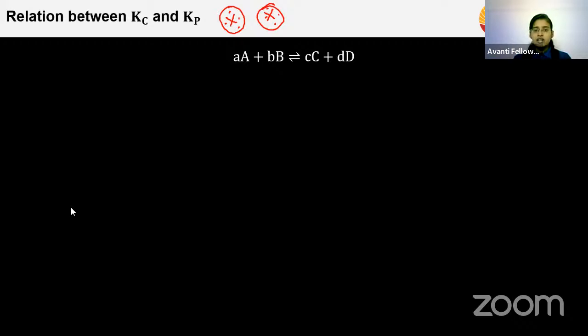I have taken the reaction of type A plus B giving C plus D. Now, if I write the Kp for this reaction, it will be equal to the partial pressure of C into partial pressure of D by that of A into B.